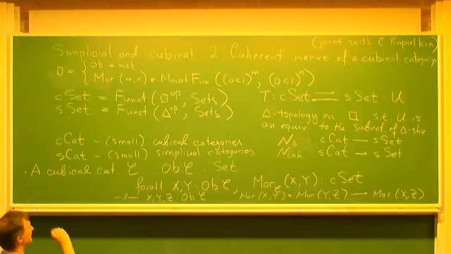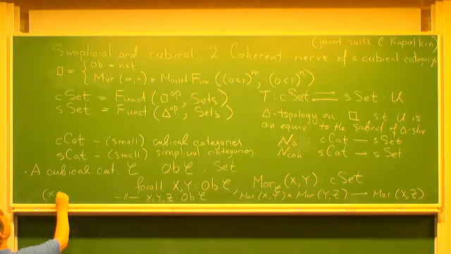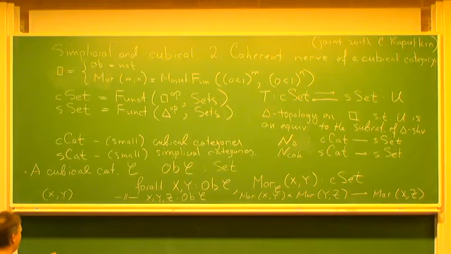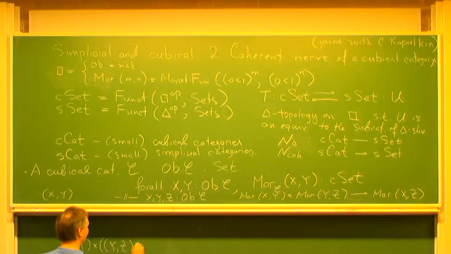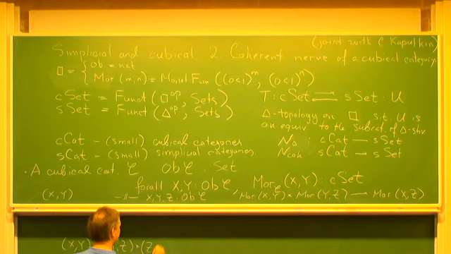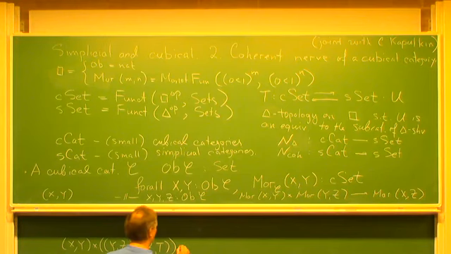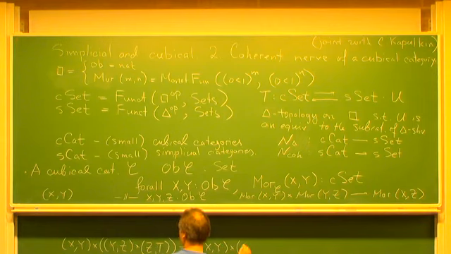If I denote morphisms without writing the word Mor, then I'll have (x, y), (y, z), (z, t), and from here I can go to (x, y, t) and to (x, t).